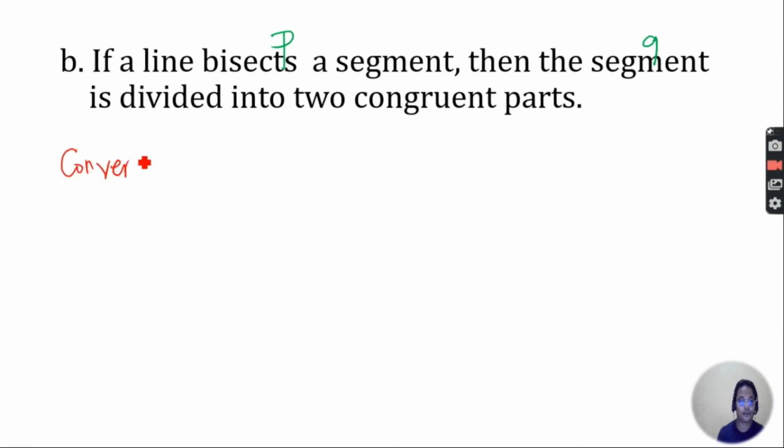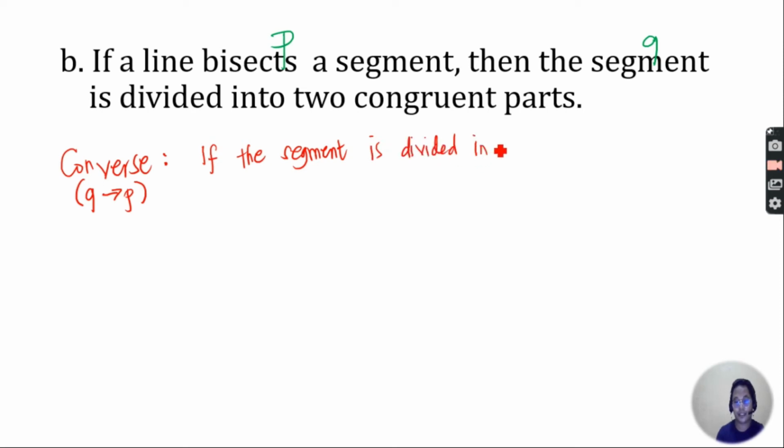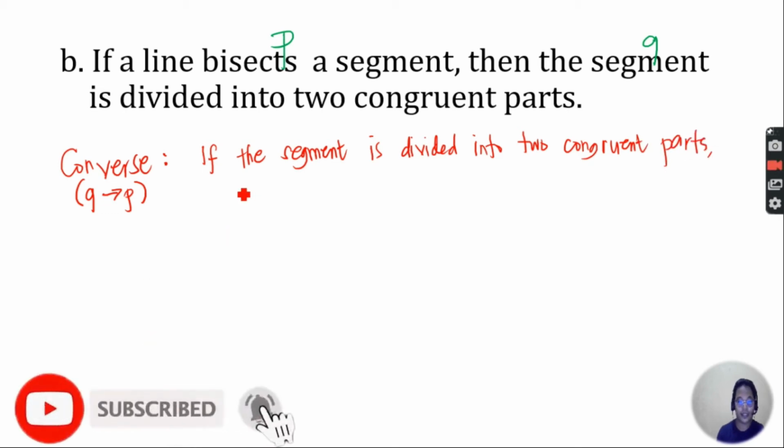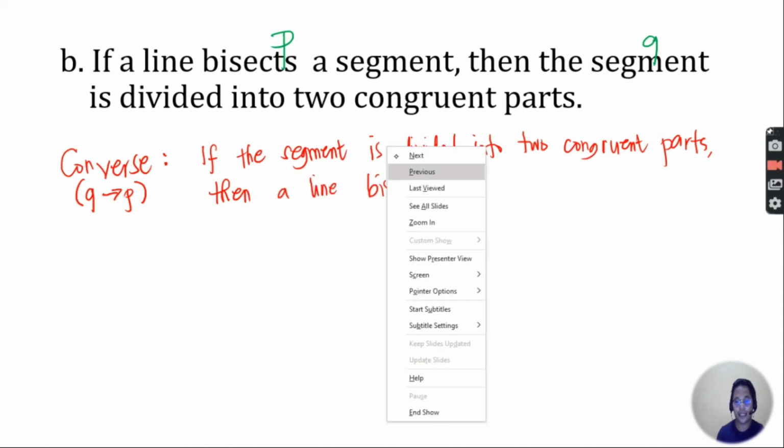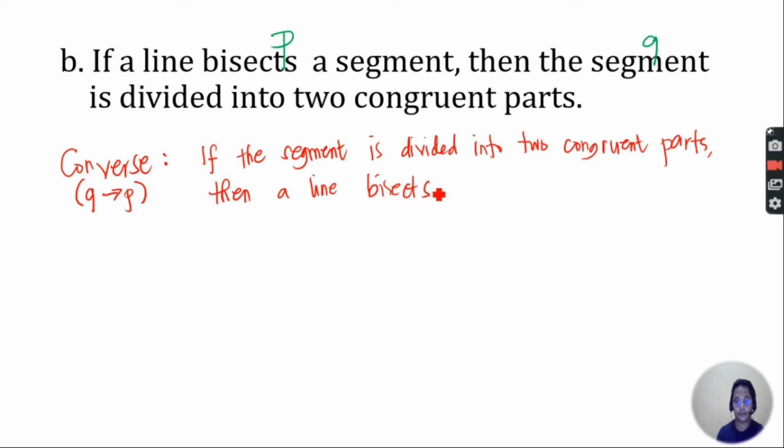Converse: Q implies P. So, magiging if the segment is divided into two congruent parts, then a line bisects a segment.